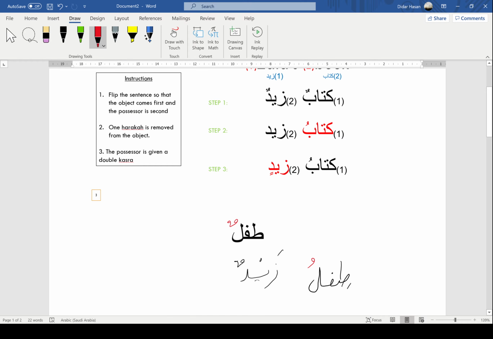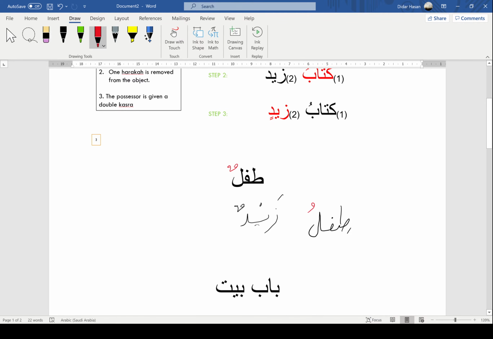And step 3 was the possessor is given a double kasra. So from the possessor, I'm going to remove the double dhamma and put a double kasra down. So it becomes tiflu Zaydin, Zayd's child. That's it. It's as simple as that. It's very simple once you've understood.